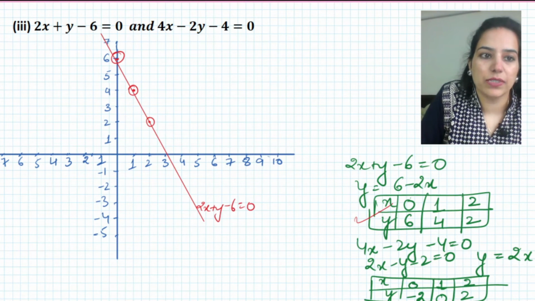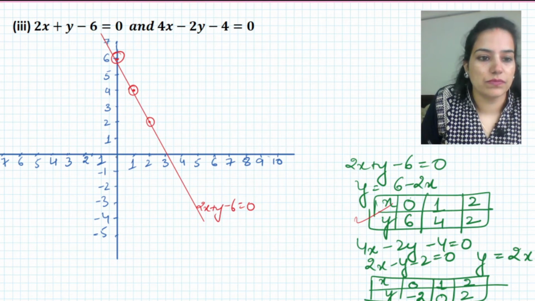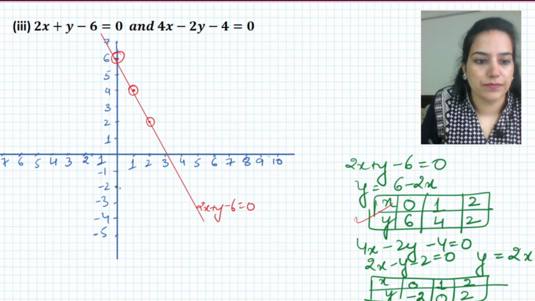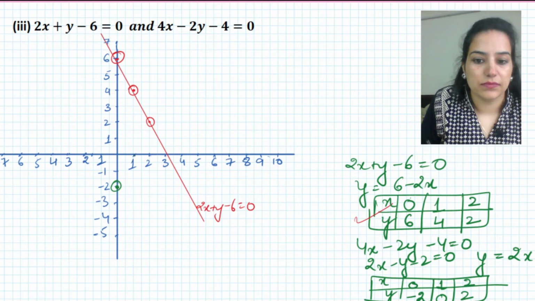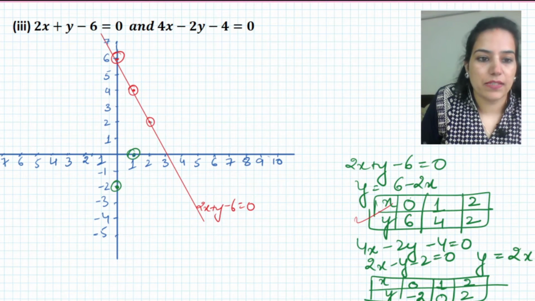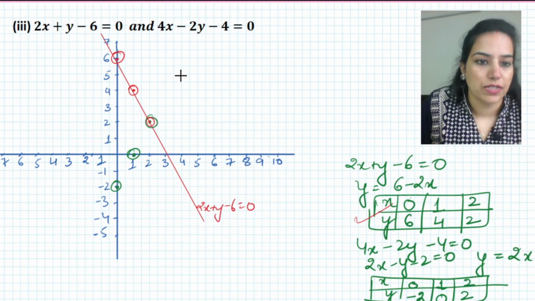Let's plot the other one now. For the other one, x is 0, y is minus 2. This goes here. Then x is 1 and y is 0. So this goes here. And this point is coming out to be common to the two, which can easily be seen will be the solution, right?